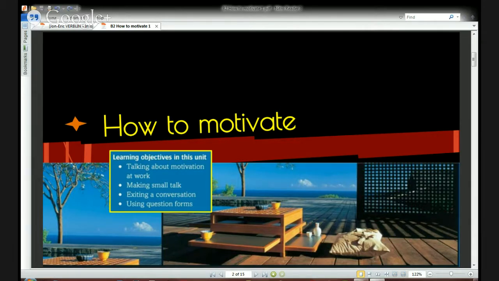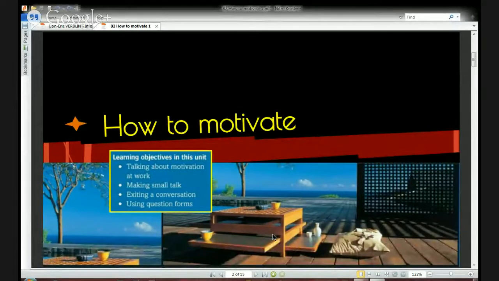So working on small talk skills, expressions we could use, things like that. You might have to get back to work, so we're going to be dealing with exiting a conversation. What's the polite way to excuse yourself? And then towards the end of the unit, maybe this week, it'll probably be Wednesday or Thursday, we'll work on using question forms, revising question forms, something like that.